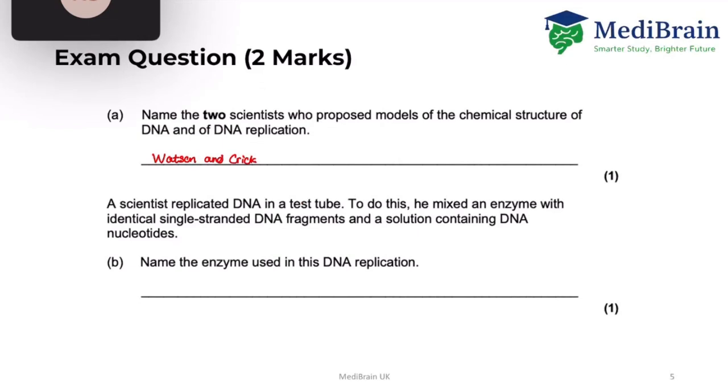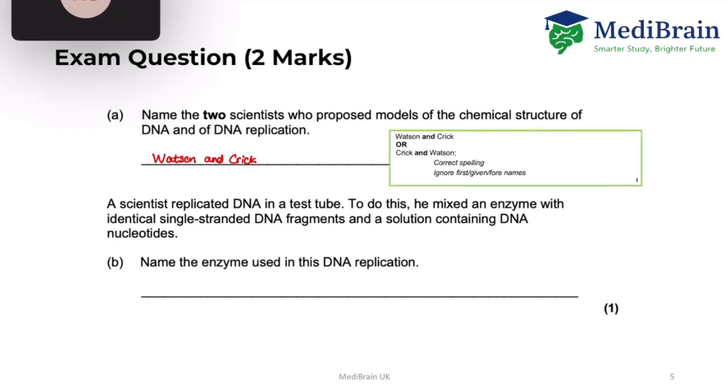Remember, Meselson and Stahl were the people who proposed that DNA replication could be conservative or semi-conservative. Watson and Crick were the people that actually tested it out, and they brought up evidence to state that DNA replication was semi-conservative and not conservative.